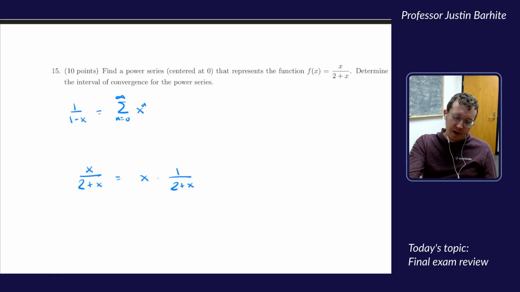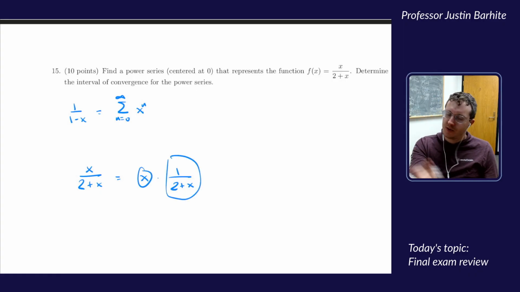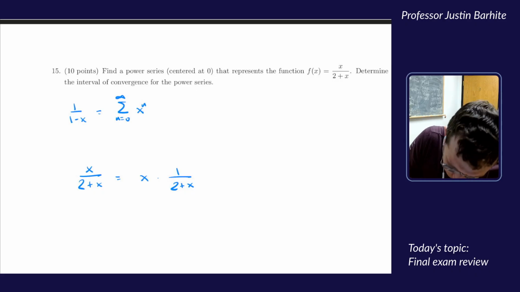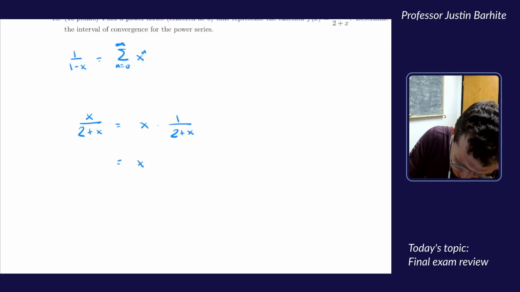Same thing here. We'll find the power series for this and just multiply by x. I want a minus, not a plus. So the next thing that I'm going to do is to rewrite 2 plus x as 2 minus negative x.